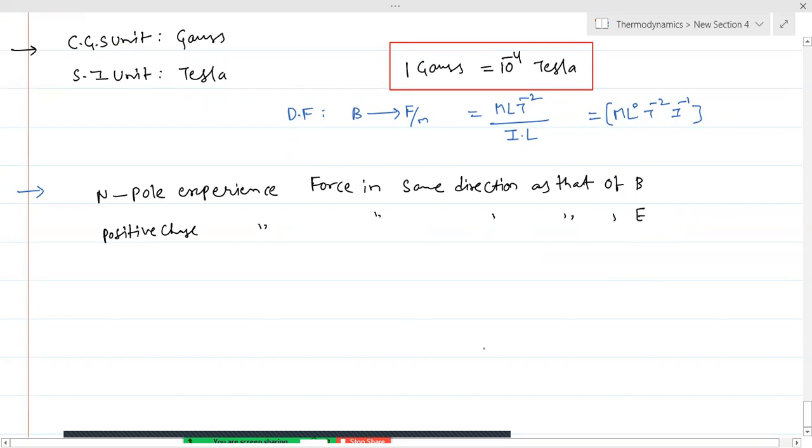Both are very similar. So whenever you have confusion in magnetism, replace the north pole by positive and replace the south pole by negative. Then you will get more clarity.